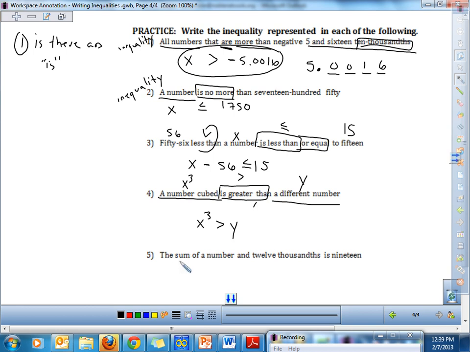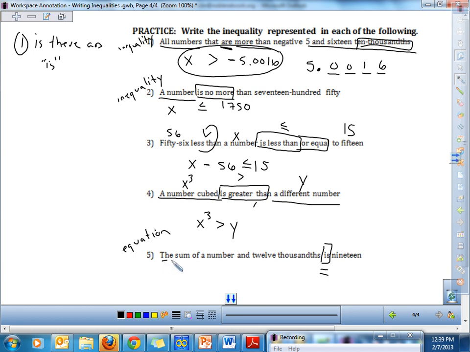Look at this very last one. The sum of a number and 12,000 is 19. Okay. Equation or inequality? Think about this one. I see an is, so I know it's an equation or an inequality, but there's nothing after it. Because there's nothing after it, this one's going to be an equation. So I know this is going to be an equal sign.